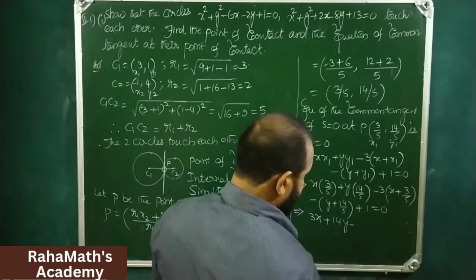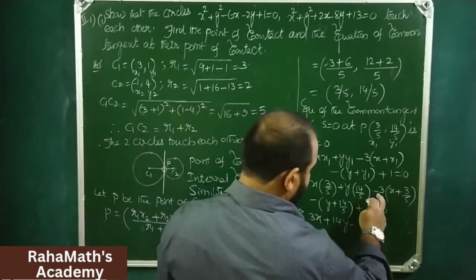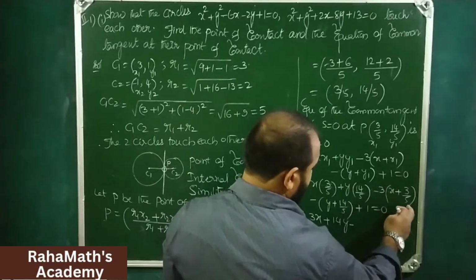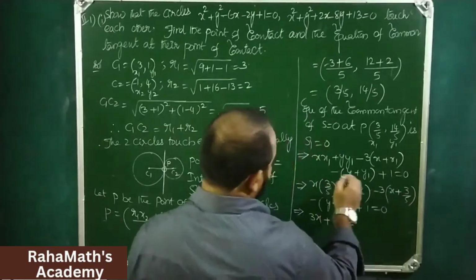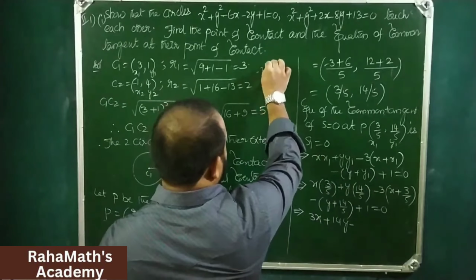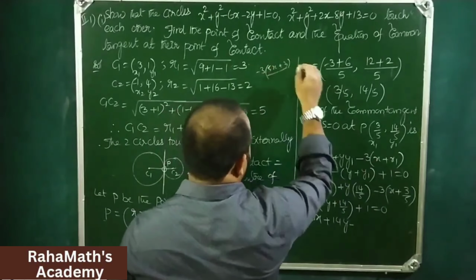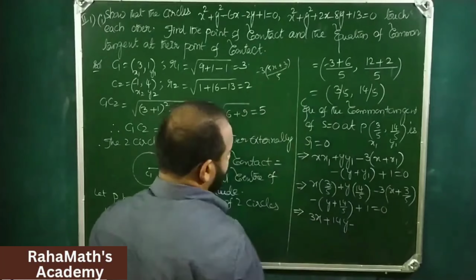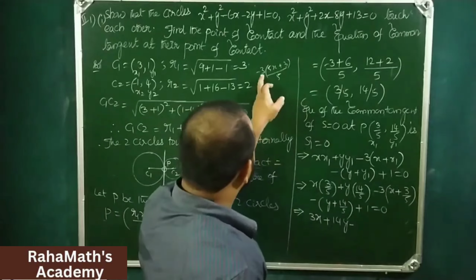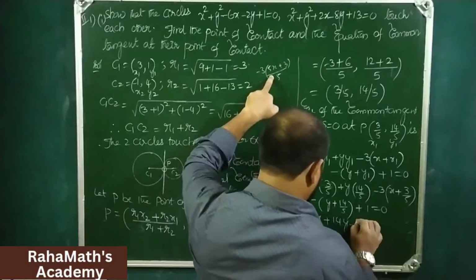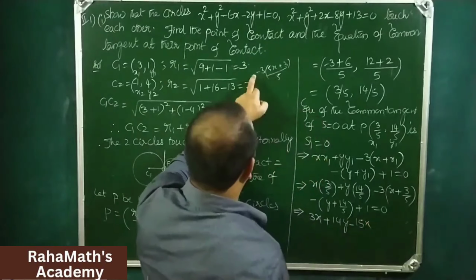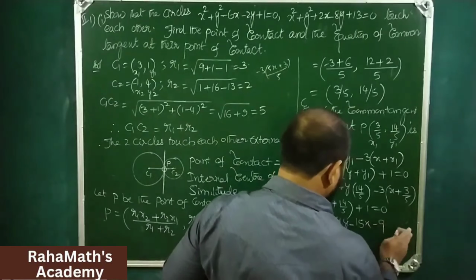minus 3 into (5x plus 3) by 5 totally. So LCM 5 gets cancelled. Minus 3 fives are minus 15x, minus 3 threes are minus 9.